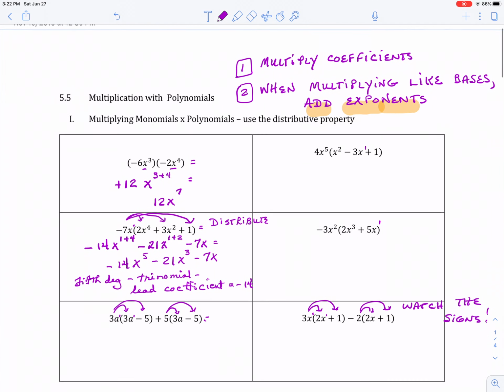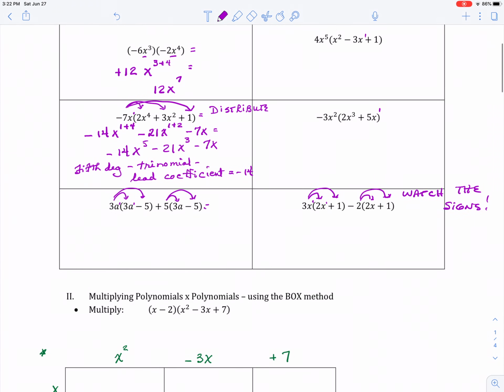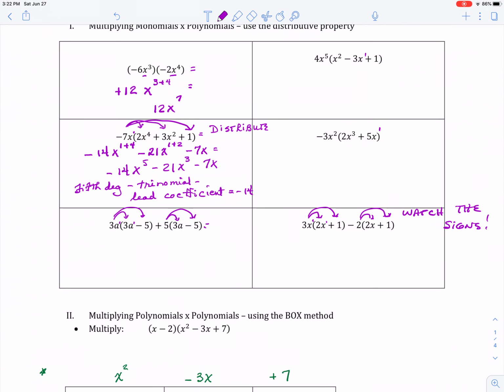All right, so coming down and doing the one underneath that, I see a couple of things that need to be distributed. So I'm starting with 3a to the first times 3a to the first. These are both positive. That's going to give me a positive 9a to the 1 plus 1.